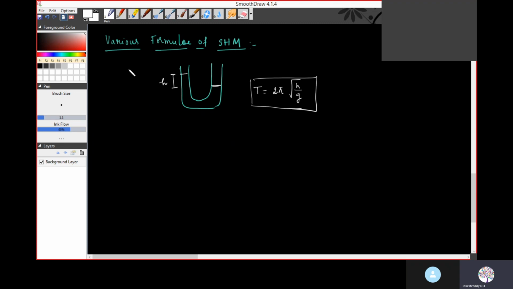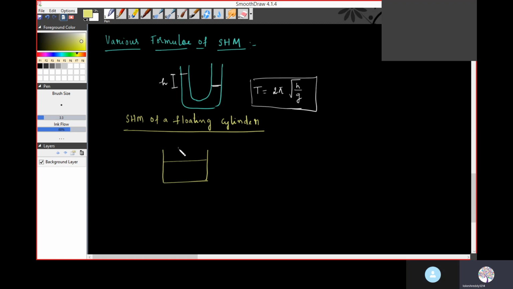Now, SHM of a floating cylinder. You take water, and then you dip a cylindrical tube.